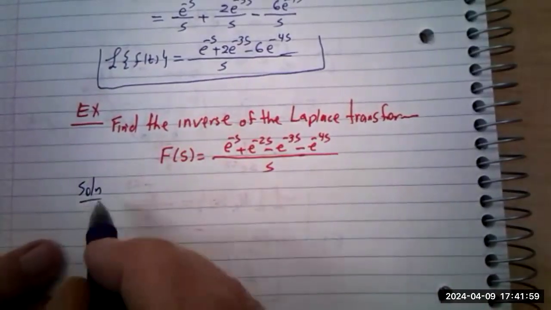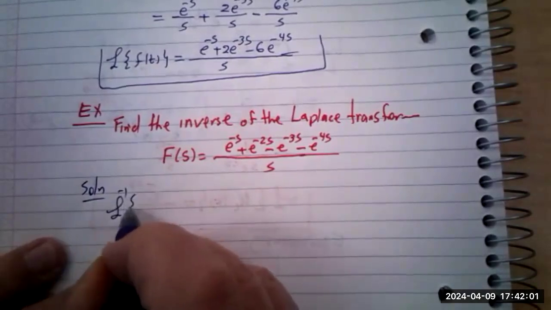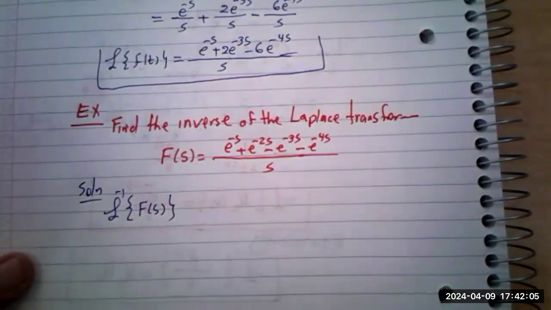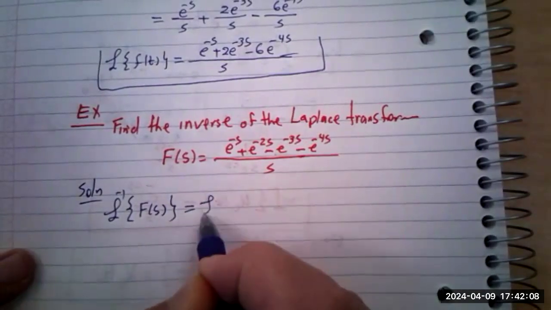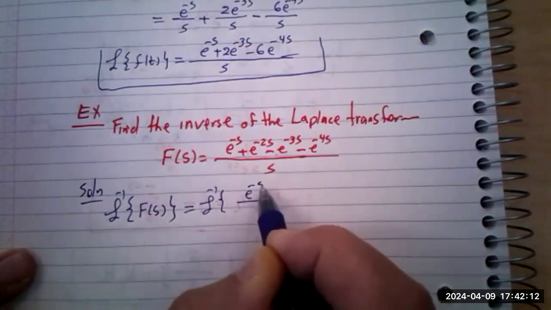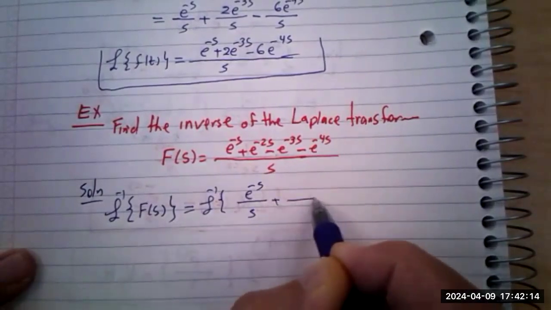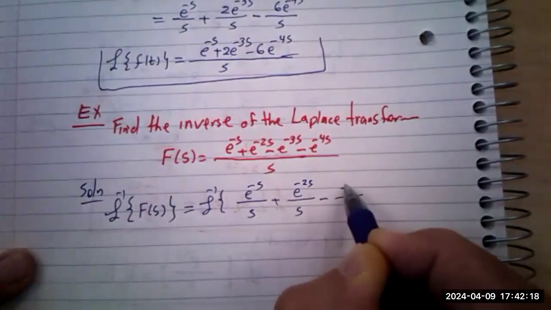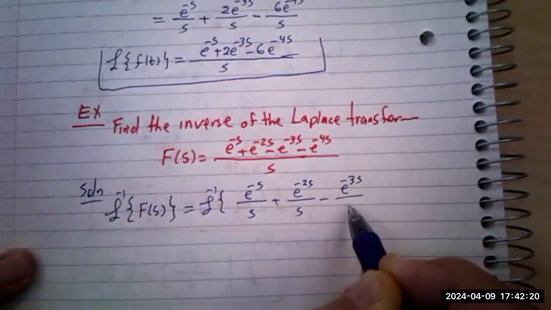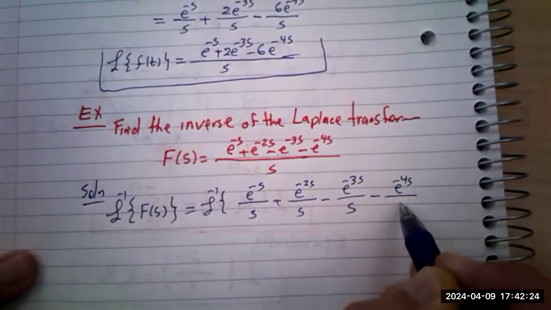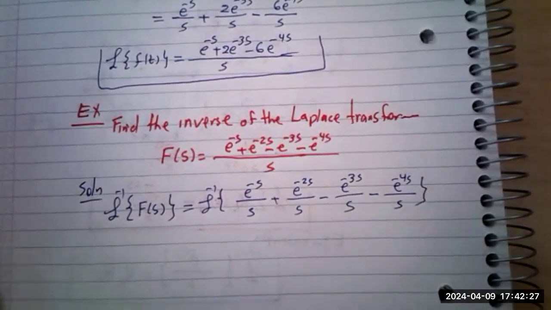The solution is going to be the inverse Laplace of F of s. So you break it: the inverse Laplace of e to the negative s over s, plus e to the negative 2s over s, minus e to the negative 3s over s, and minus e to the negative 4s over s.